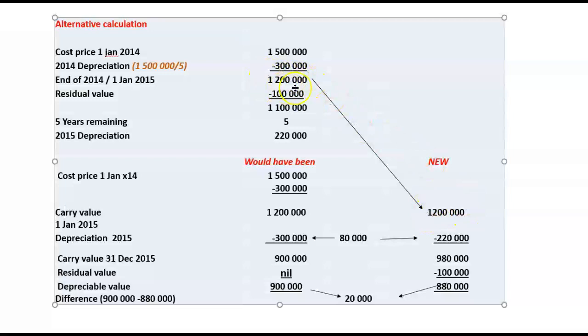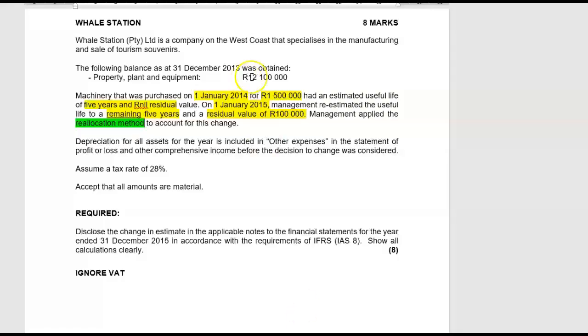So we're going to take the 1.2 million, we're going to deduct the estimated residual value under the new estimate, 100,000, and then we want to write off that depreciable value of 1.1 million over the remaining lifetime of the asset as at 1 January 2015. And here they tell us that the remaining useful life as at 1 January 2015 was 5 years.